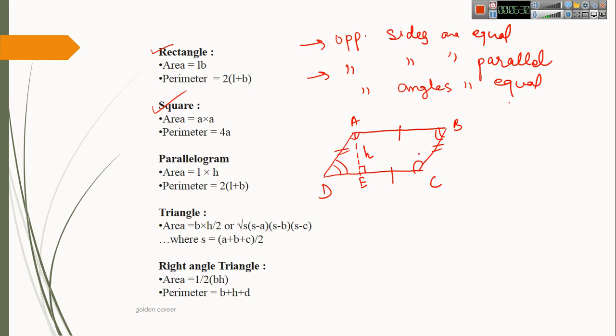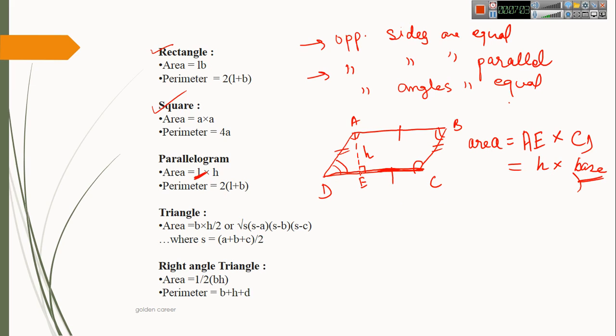Then the area of the parallelogram will be equal to height, which is AE, into the base on which the height is perpendicular. Here it is CD. So the area here will be H into base. Here the base is L.